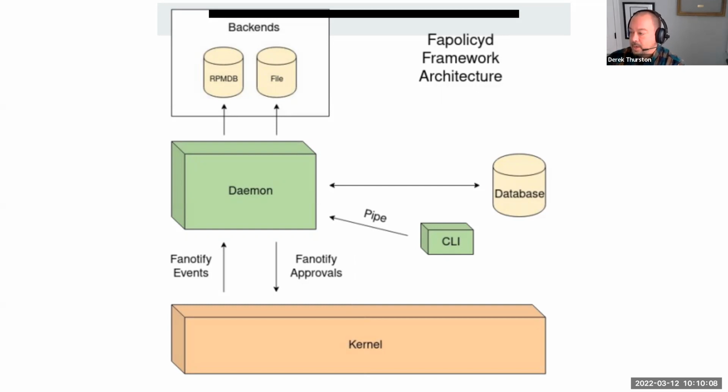On the right side of this, the green box, the CLI, there's a named pipe. That's how it talks to the daemon. And that's a way to make changes on the fly to your system without having to reload it through the systemd process.